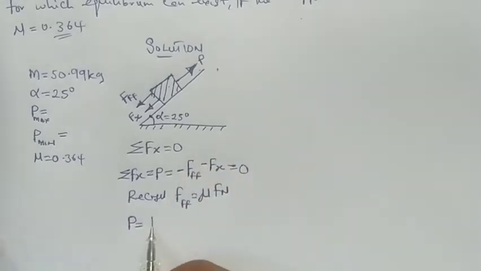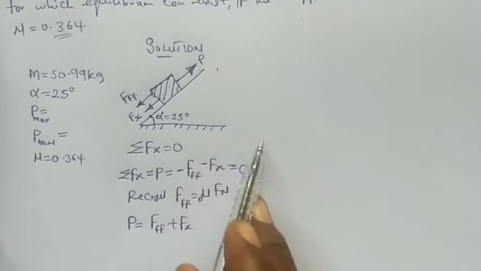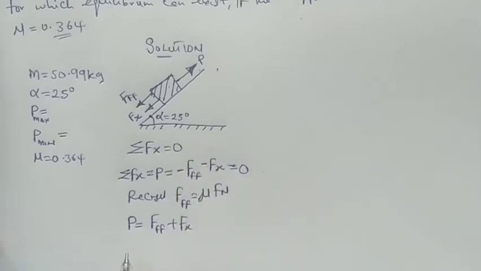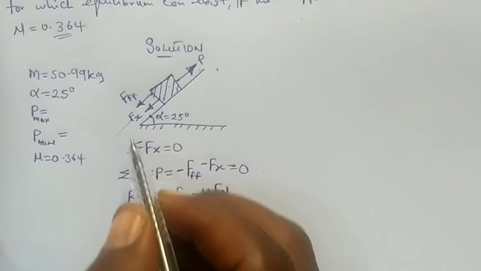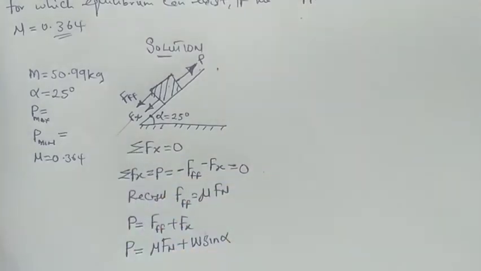So I'll be having frictional force plus Fx, because when these two negative signs move across, the equal sign, they become positive. So I'll have my P equals Ff, which is mu Fn, plus the Fx, which is W sine alpha. So that is our Fx here. Any force that is coming down this inclined plane here is called W sine alpha.